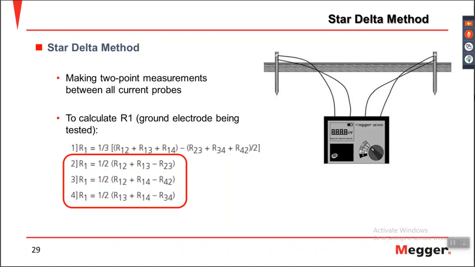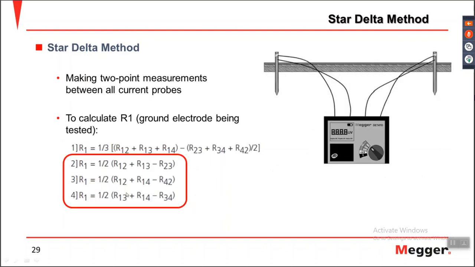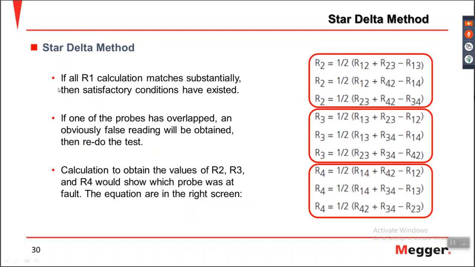But if you get a difference between R1 from this formula and this formula, you need to retest, and maybe you need to move these three points, R2, R4, and R3, a little bit farther away to make sure you get the same value from these three formulas.